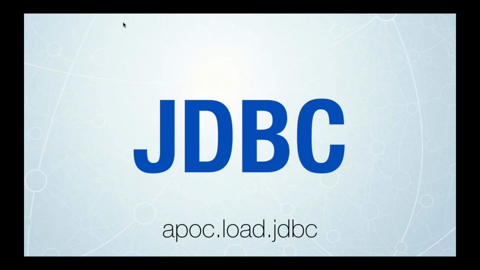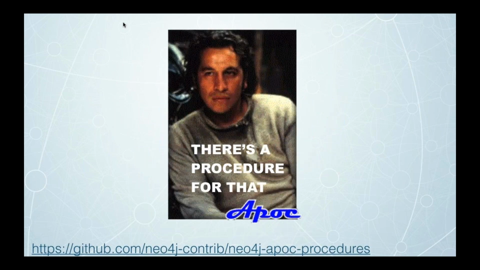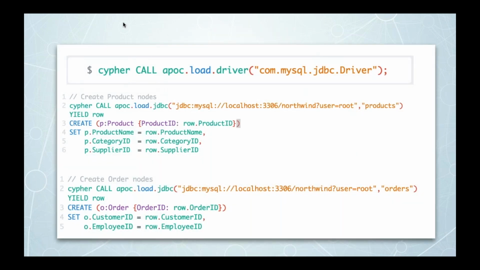But then the other thing that you can do is load data with JDBC. APOC is a library of those Java stored procedures and functions that I was talking about, and it has a load JDBC in it. Search for APOC on the internet. This is an open source library contributed by the Neo4j community, and you'll find in it the ability to load stuff from JDBC.